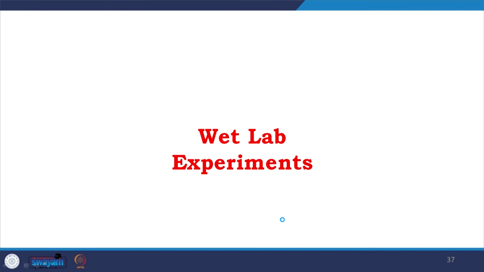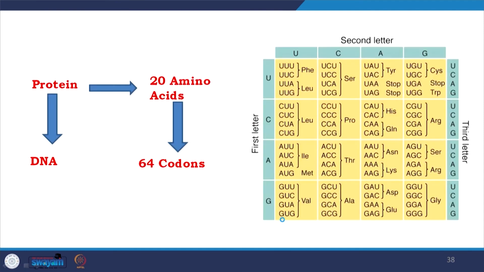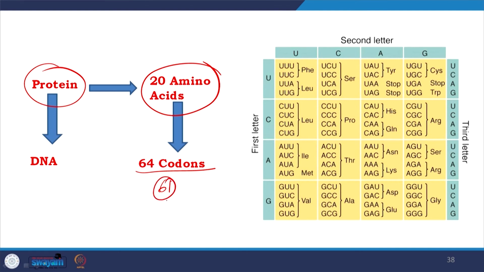So, coming to wet lab experiments, we have now designed a protein. As you know, when we do the wet lab experiment, you cannot do that on the protein. So, we have to go to the DNA. As we all know, we have 20 amino acids, and for these 20 amino acids there are 64 codons, 61 specifically for these 20 amino acids and 3 are stop codons.